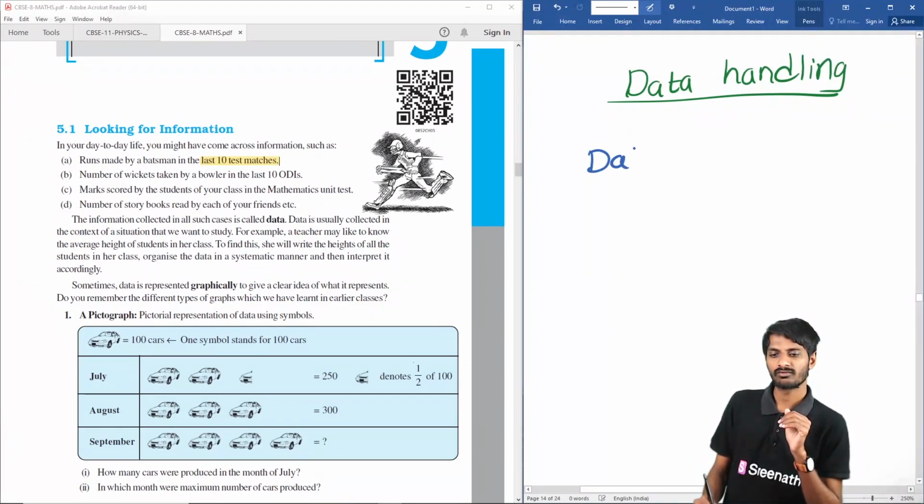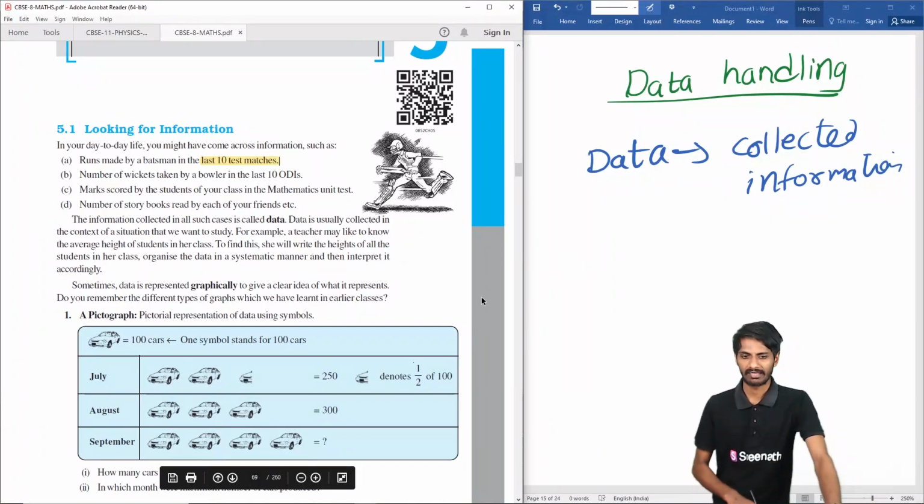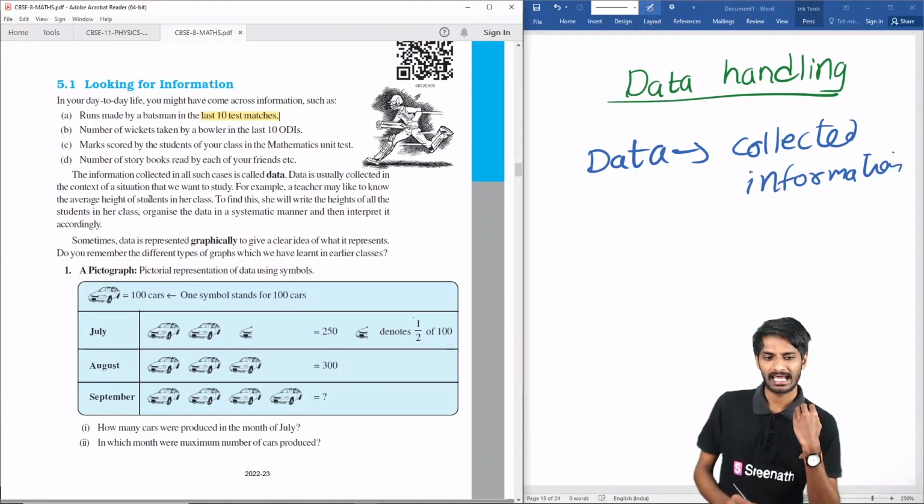We call data all the collected information. That is the definition of data, students. Normally, in many situations we collect data. For example, a teacher may like to ask you the average height of the students in a class.